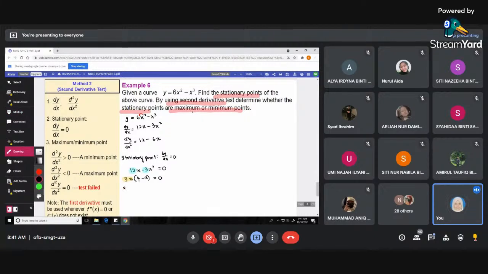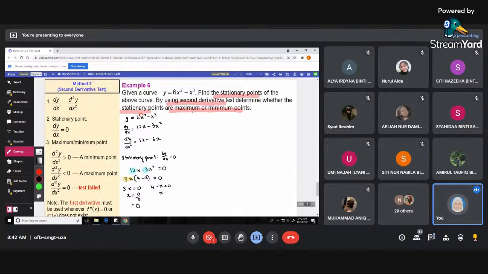Lepas tu tengok sini. So 3x sama dengan kosong. So x sama dengan apa ni? Kosong bagi 3. Jangan salah, dapat apa kosong bagi 3? Kosong. Kalau yang kedua, 4 minus x equal to 0.